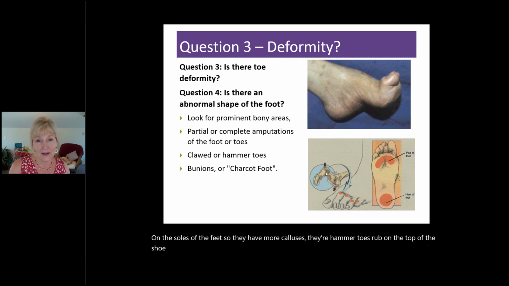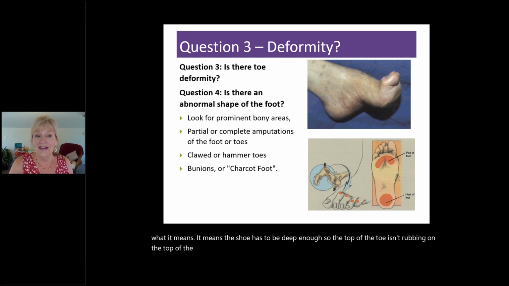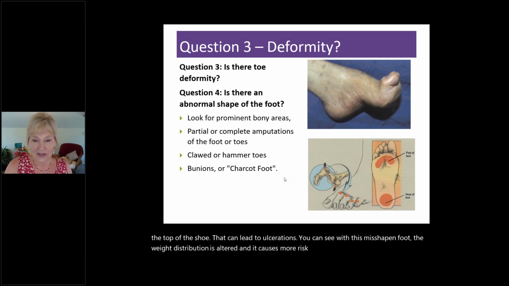So when we talk about a person with diabetes needing in-depth shoes, or depth shoes, that's what it means. It means the shoe has to be deep enough so the top of the toe isn't rubbing on the top of the shoe. That can lead to ulcerations. You can see with this misshapen foot, the weight distribution is altered and it causes more risk for amputation.